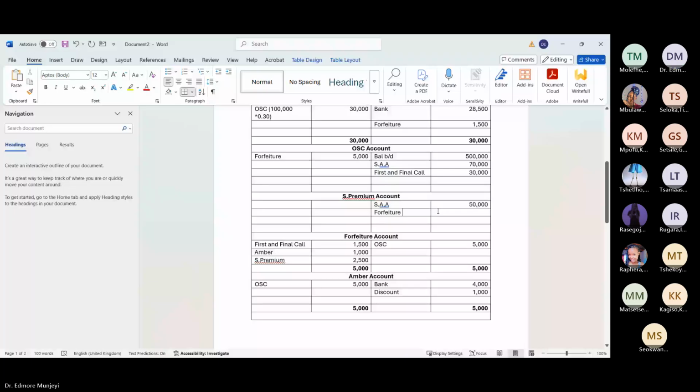$2,500. Now we can balance the forfeiture account. The total there in the credit side is 52,500.